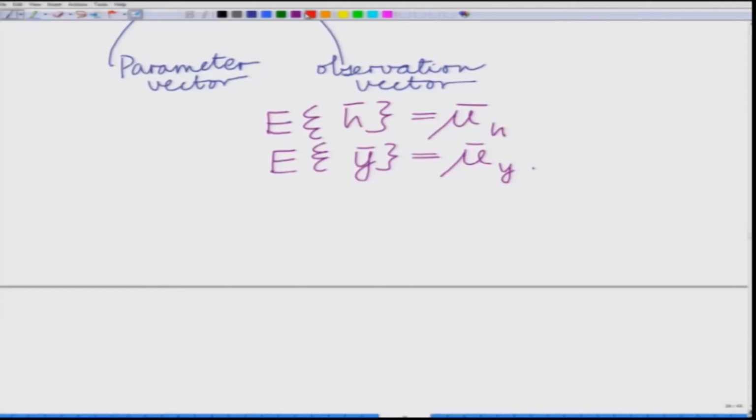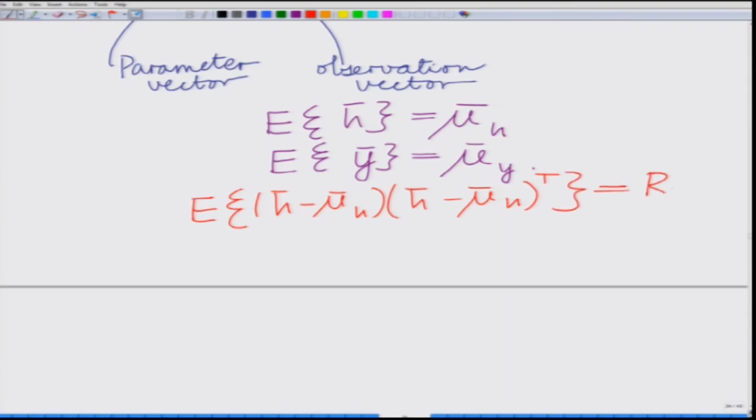So, what we need for estimation is, again, the expected value of (h bar minus mu bar h) times (h bar minus mu bar h) transpose. This is R H H. Since they are vectors, I cannot simply consider the variance anymore.